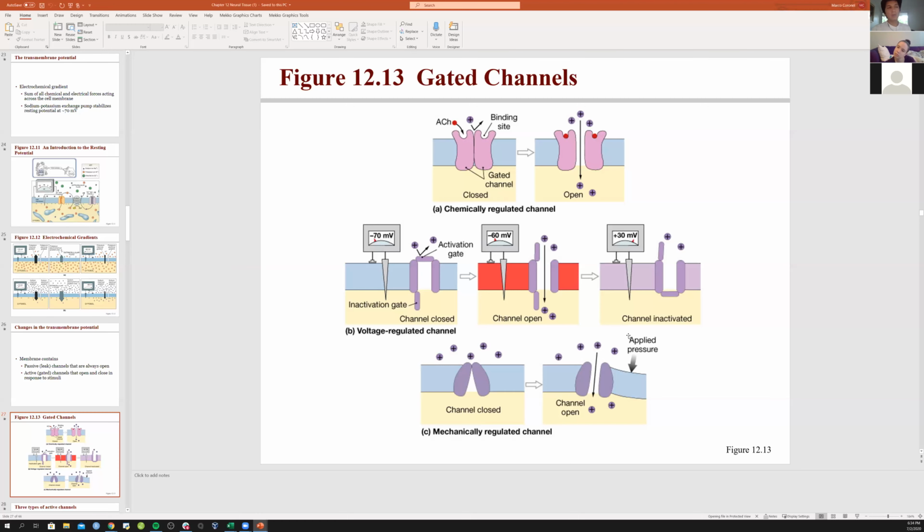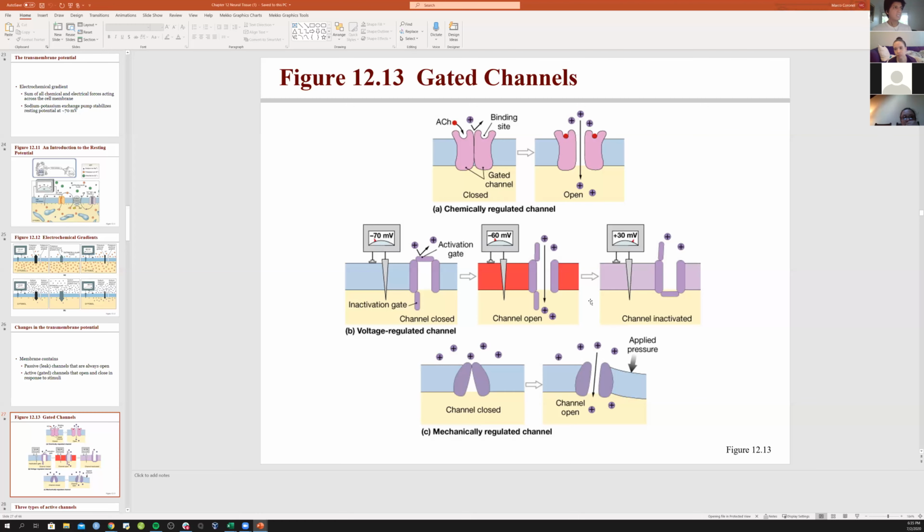The reason it closes at positive 30 is a particular nature of the channel. Let's say we didn't have a closing mechanism.